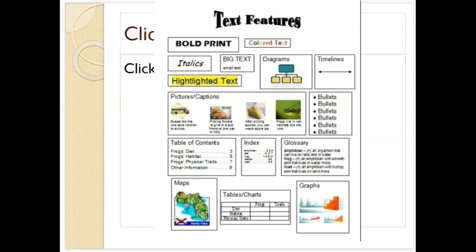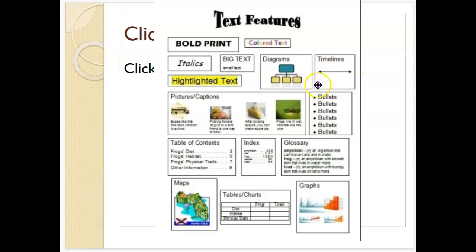Some features that you would look for to help you figure out who a text is written to are text features. Do you find bold print, colored text? Do they try to highlight certain text and make it in large or small font? Usually the smaller a font is, the older the audience that's being targeted.